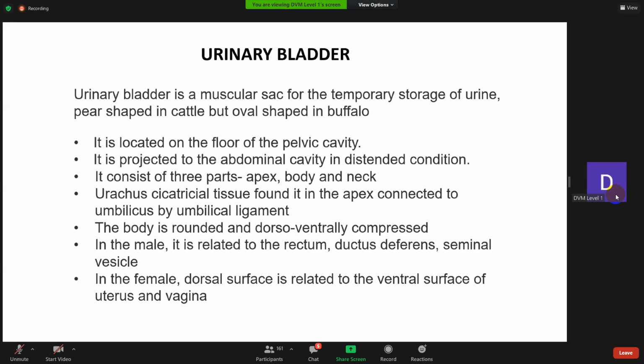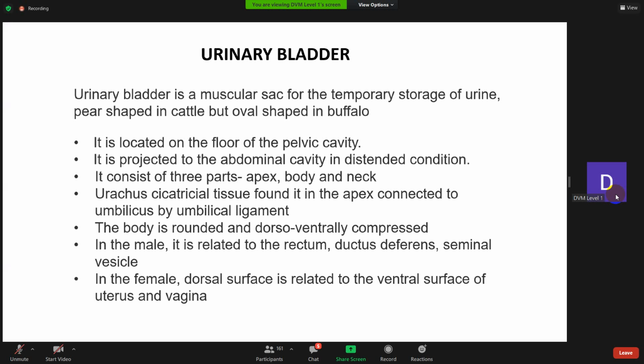Urinary bladder is a muscular sac for the temporary storage of urine. It is temporary storage because when it is filled, the urine comes out through the urethra. It is pear-shaped in cattle and oval-shaped in buffalo. Somehow pear-shaped. Pear means nashpati in Bengali.